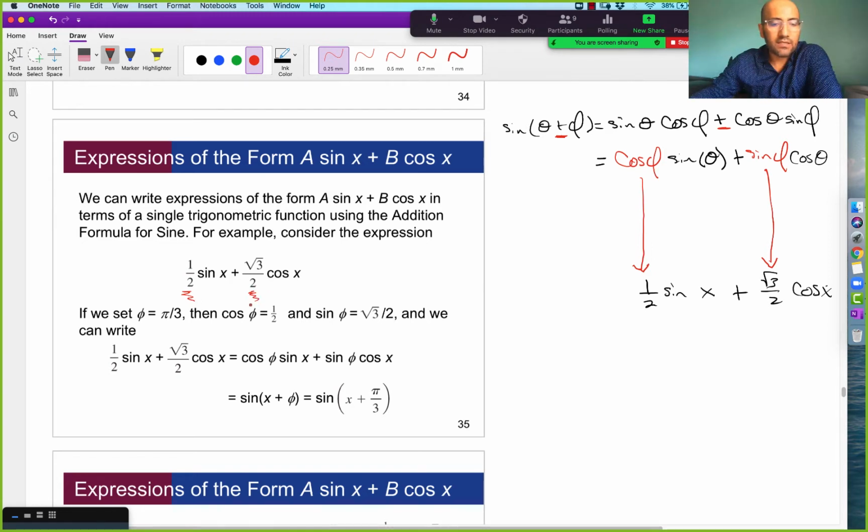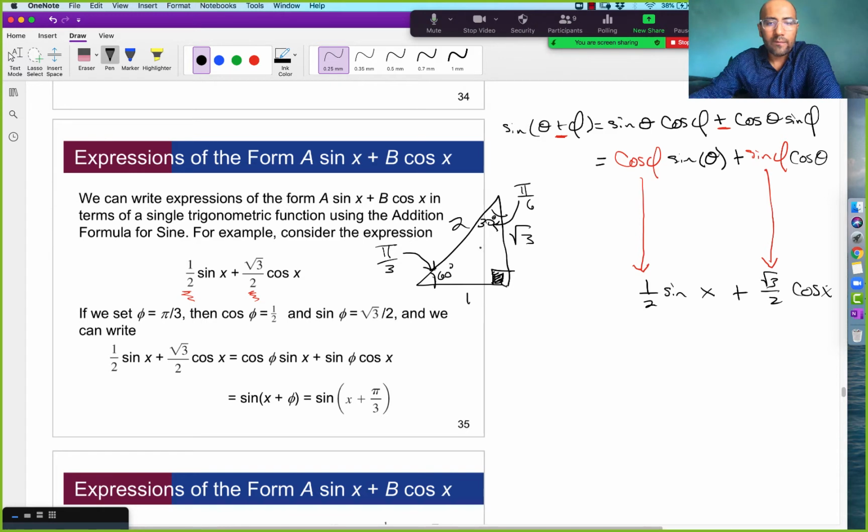In this initial example, it just so happens that these constants fit one of our standard triangles. If we go to our tried and true standard triangles, 60 degrees and 30 degrees, stemming from our equilateral triangle where each side was 2, pi over 3 is the same thing as 60 degrees, and pi over 6 is the same thing as 30 degrees.